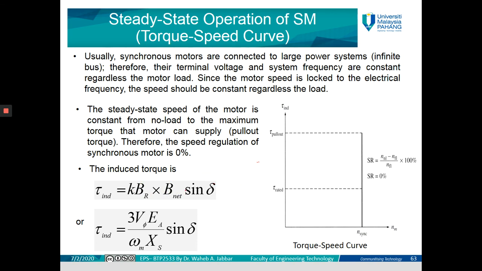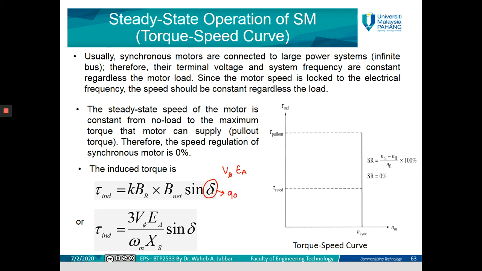We already saw this equation before, and we said that delta here represents the angle between the two magnetic fluxes, and it is also the same angle between VP and EA. We already mentioned this when we talked about the synchronous generator, and we said the maximum torque will occur when this value of delta is equal to 90.